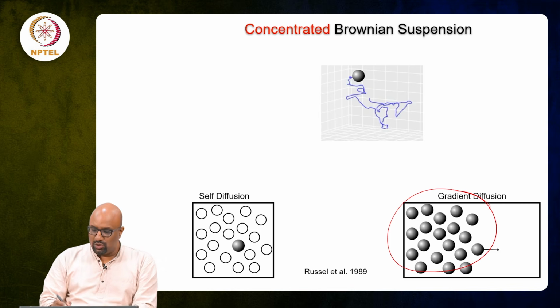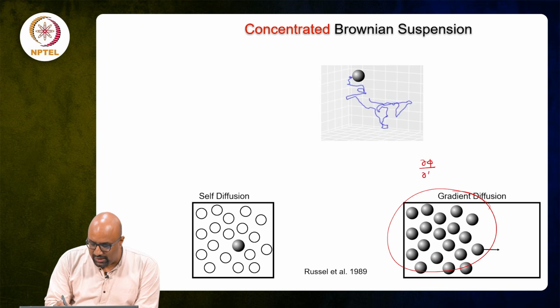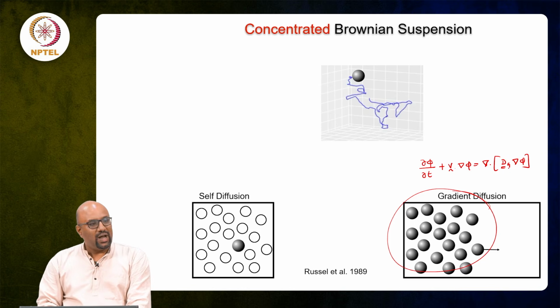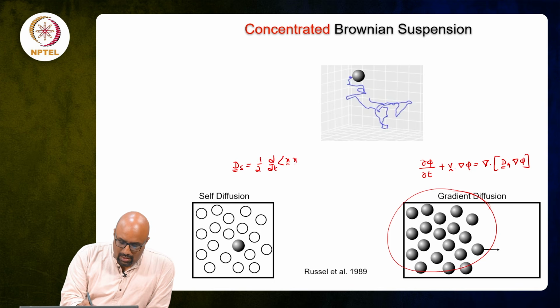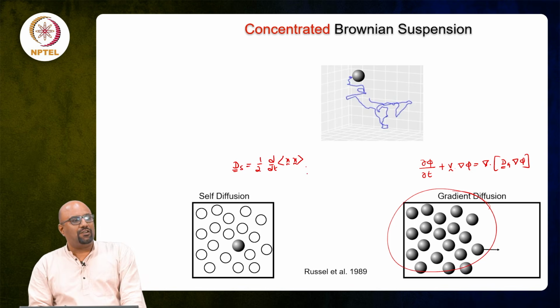So, when you are going to solve for a concentration equation, the diffusivity that you have is a gradient diffusivity, whereas when you are making measurements for the position of a tagged particle, then you are measuring self diffusivity.